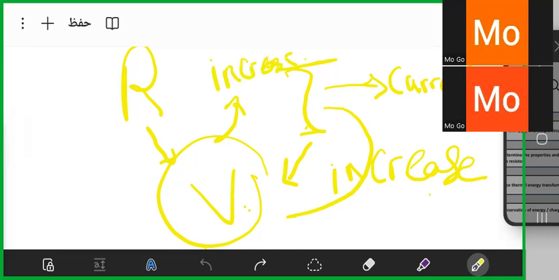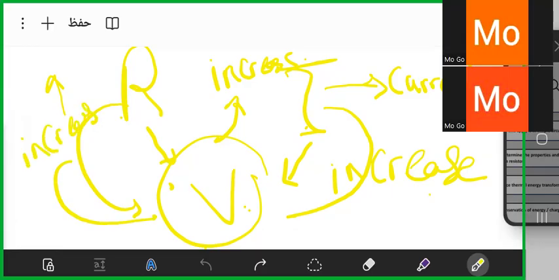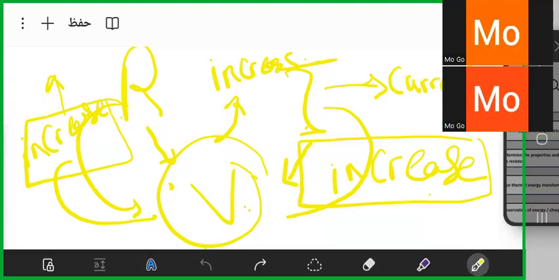So here also the resistance. If we increase the resistance, the value of voltage will also increase. So here both of them are increased. This is the first, why we said V is dominant. Because if that one increases, V doesn't care. If that one increases, V doesn't care. V always increases.